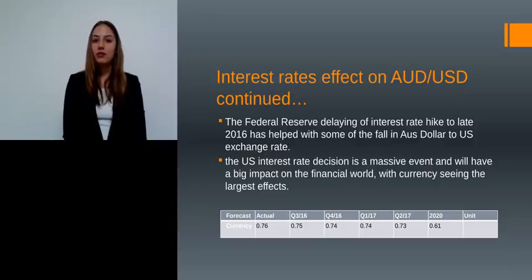Aside from the UK's and Australia's own monetary policy plans, the GBP over AUD exchange rate's direction is currently also being influenced by the US Federal Reserve's monetary policy plans.